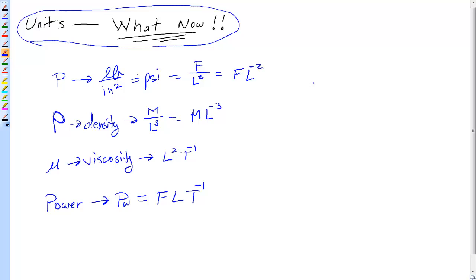Now let's say someone built the table. Let's build a little table over here. For quantity, MLT, FLT.